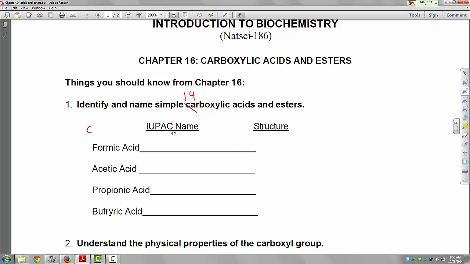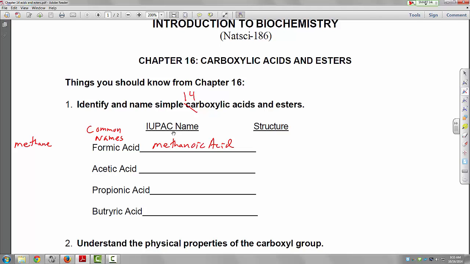So here's the common names for the first four acids. Formic acid is the common name. The IUPAC name is methanoic acid. Remember, methane would be the alkane.